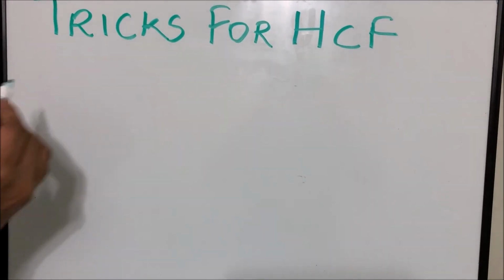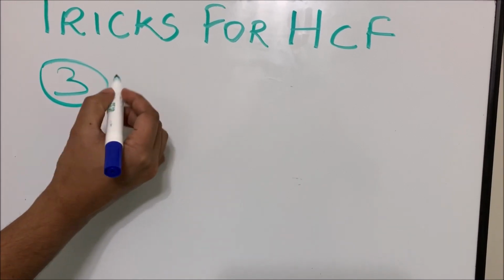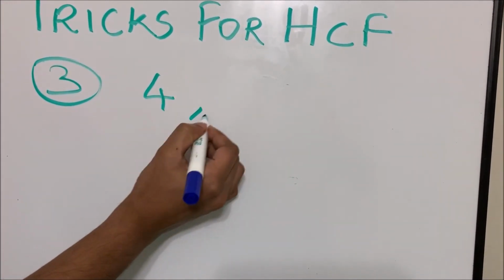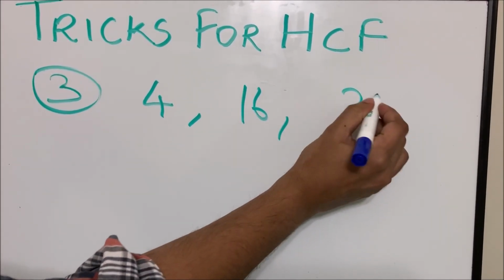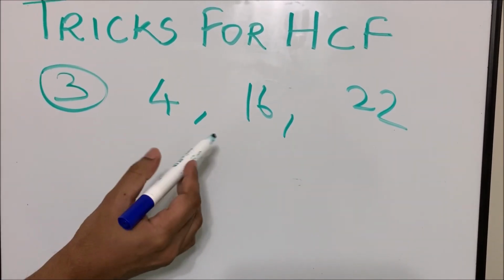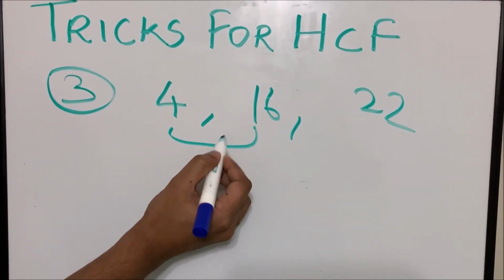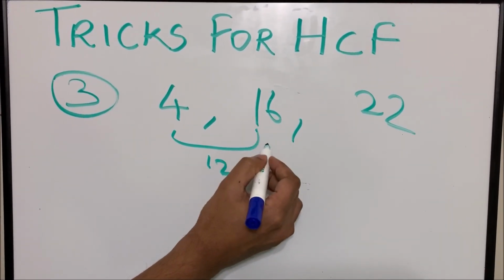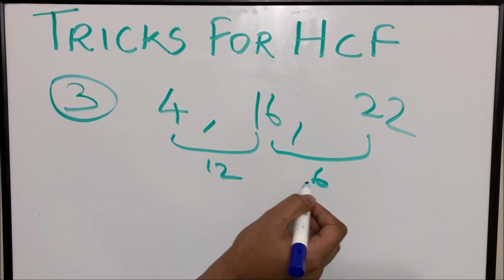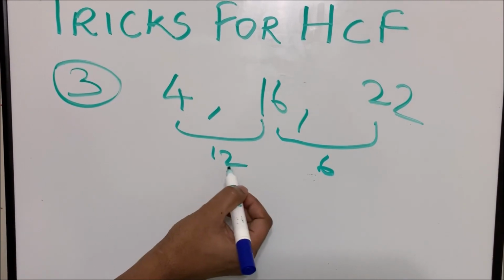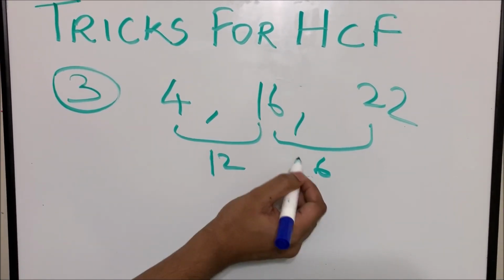Trick number 3, if there are more than 2 numbers, for example 4, 16, 22, we need to find the difference for each pair. That is 4 and 16 is 12, and 16 and 22 is 6. So what is the lowest difference? That is 6. We need to consider that.